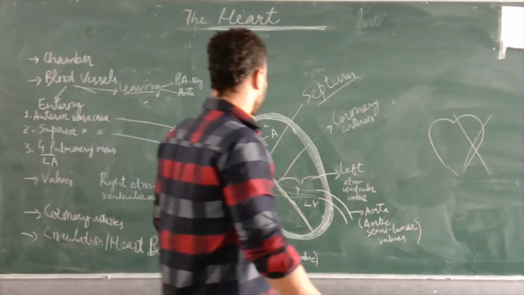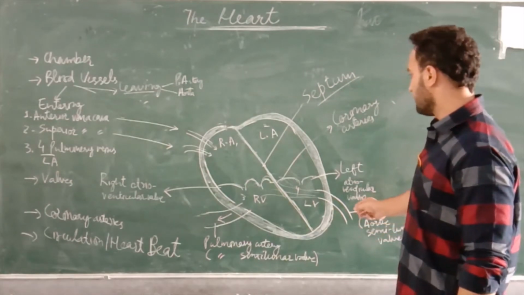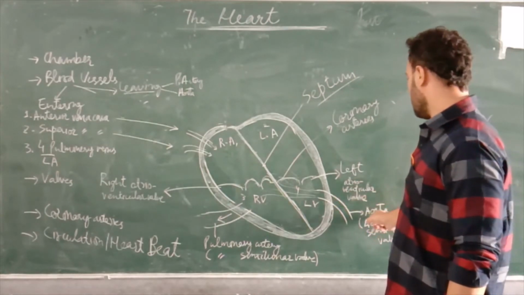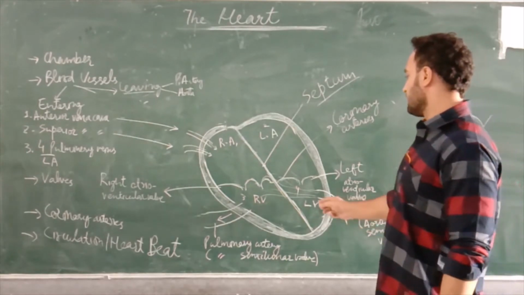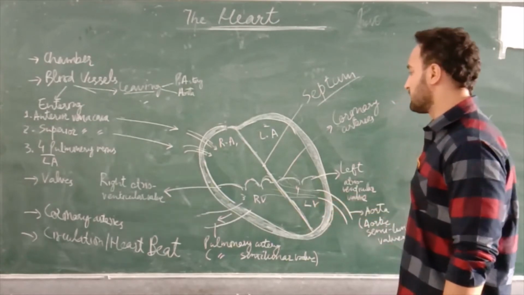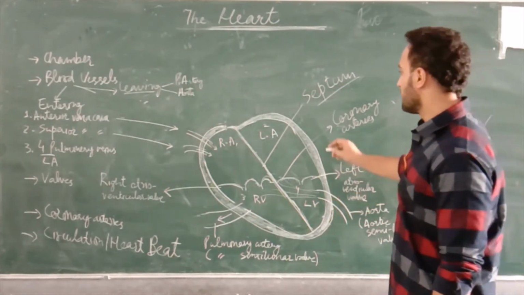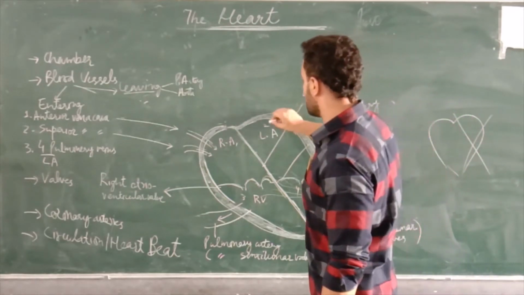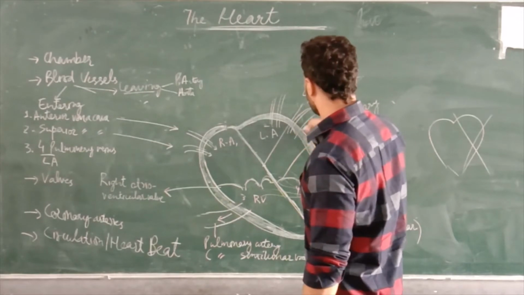And also we have the aorta. Aorta is the main artery which carries the blood from the left ventricle to the different parts of the body, right? And we also have four pulmonary veins. 1, 2, 3, 4.